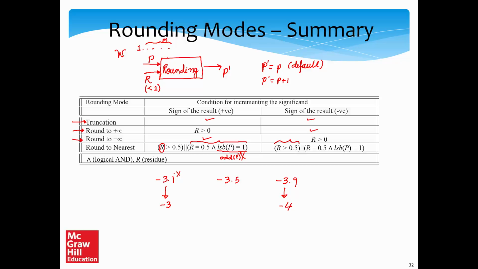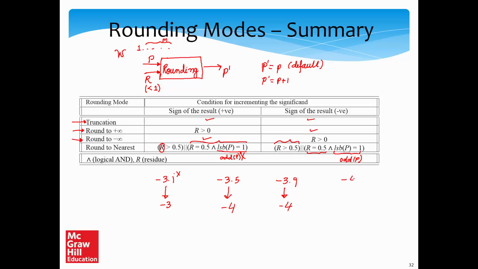Now if I consider minus 3.5, in this case the residue is 0.5, so this subcondition is true. Again, what I need to check is that p is an odd number. If it's an odd number, something needs to be done, otherwise we can go with the default. So in this case, 3 is an odd number, so that's the reason we round it to minus 4.